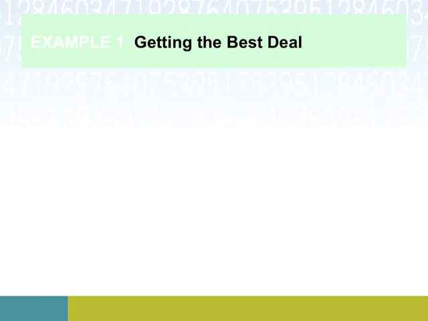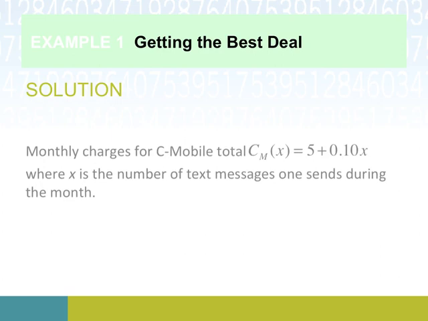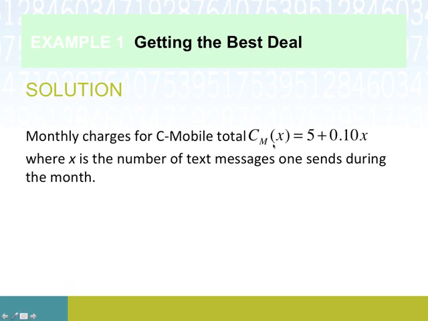You have some input and some output. I think in this case it makes sense to use x as how many text messages you send as the input, and then the cost, and I've used m just to differentiate the cost function for C-Mobile as opposed to the Verizon plan that we'll see in just a minute.